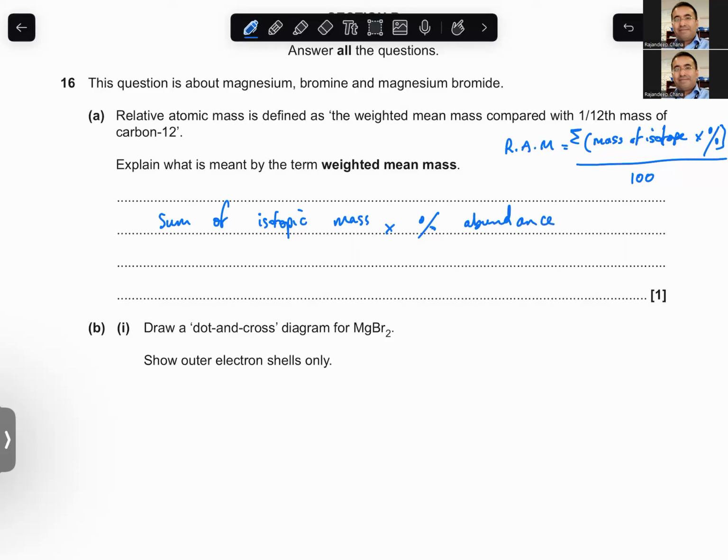Sum of meaning adding them all together, and then dividing by the total abundance. This is the weighted mean mass. I prefer this. This is the allow guidance, but the main answer was taking into account the relative abundances of the isotopes.